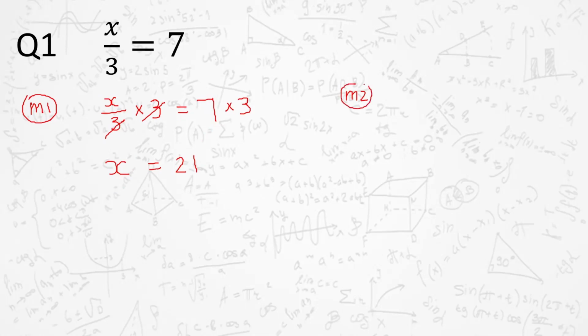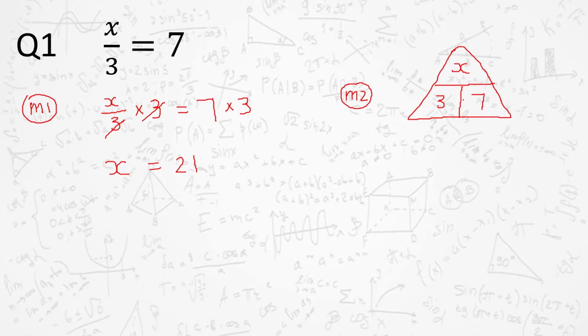The second method will be the triangle method, which means with any fractions, you can put them into a triangle. The numerator, which is the number on top of my fraction, will always go on the top. So that's my x. And then I have the other two numbers, one is 3, one is 7.